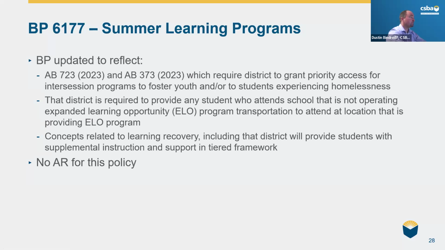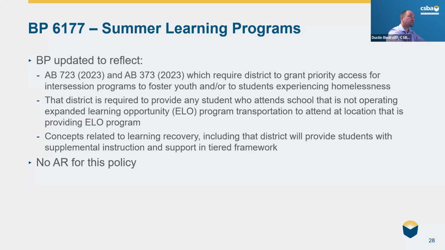6177 was updated to reflect Assembly Bill 723 and Assembly Bill 373, which require a district to grant priority access for intersession programs to foster youth or students experiencing homelessness. In addition, if during that period the student will be moving, the student's educational rights holder will determine which school the student will attend.